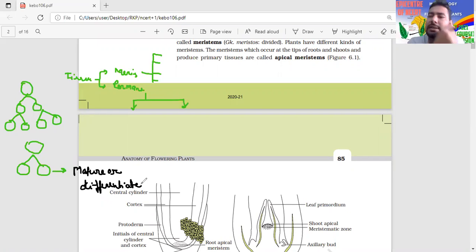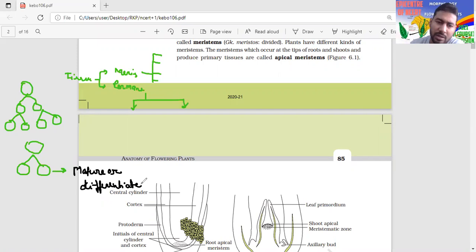Clear? So this type of tissue or cells will be mature or differentiated. This is called the permanent tissue. A very important feature you have to know in the permanent tissue is that they lost their division ability.